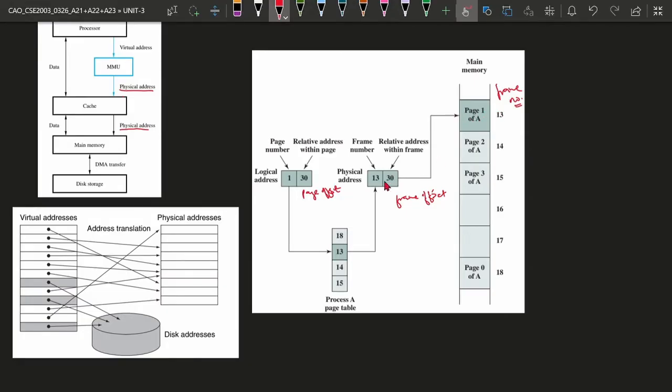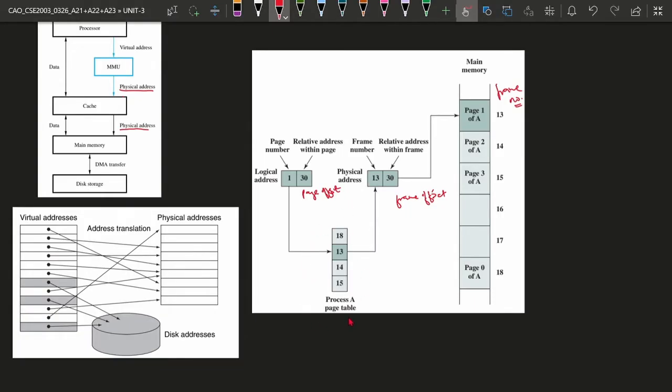So this is considered as the offset. In this particular frame, which location of the byte or which location of the word we need to access, that is indicated by the frame offset, similar to the block offset that we have seen. Okay, and the relation between the logical address and physical address is given by a page table.